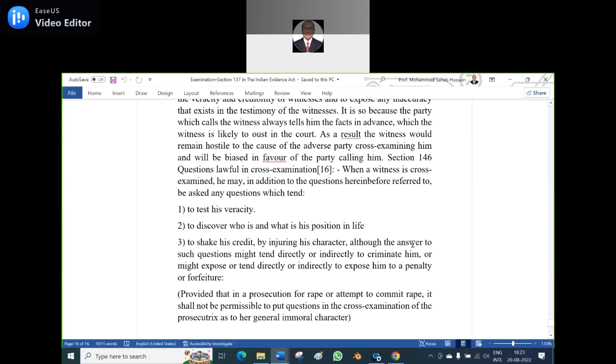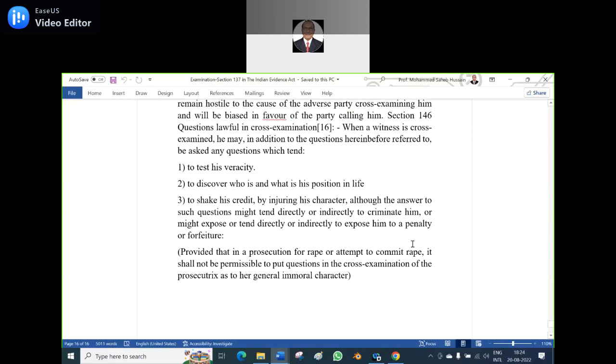Third, to shake his credit by injuring his character, although the answer to such questions might tend directly or indirectly to criminate him, or might expose or tend directly or indirectly to expose him to a penalty or forfeiture. Even sometimes witnesses will be prosecuted when they give false statements.